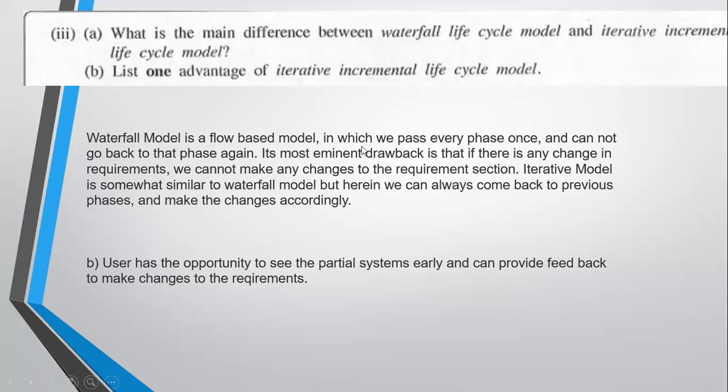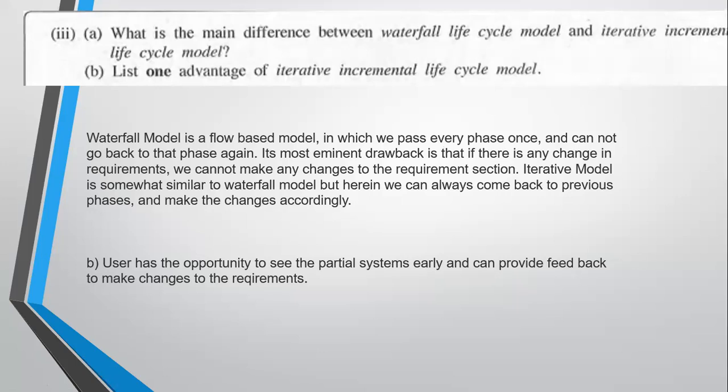When we think about the difference, the waterfall model is a flow-based model in which we pass every phase once and cannot go back to the phase again. Its most eminent drawback is that if there is any change in the requirement, we cannot make any change to the requirement section.